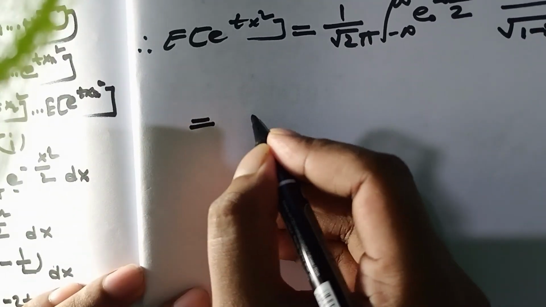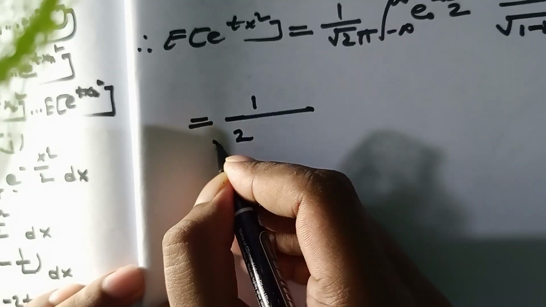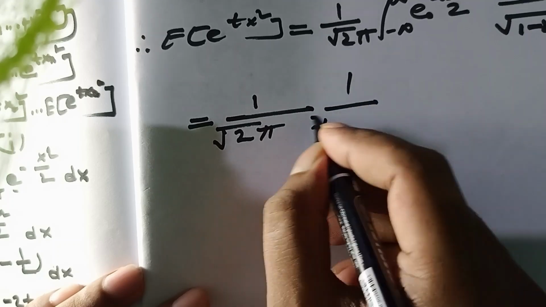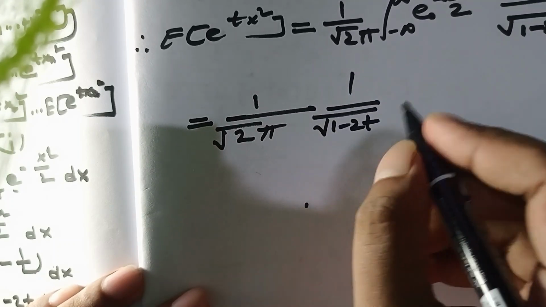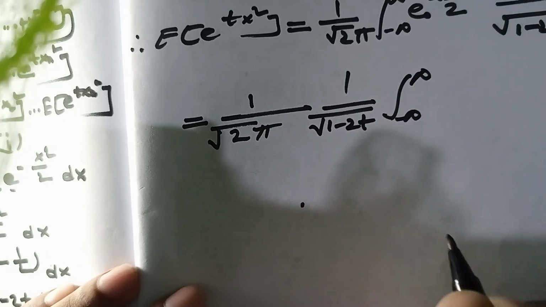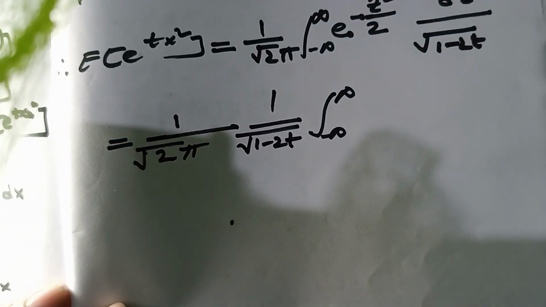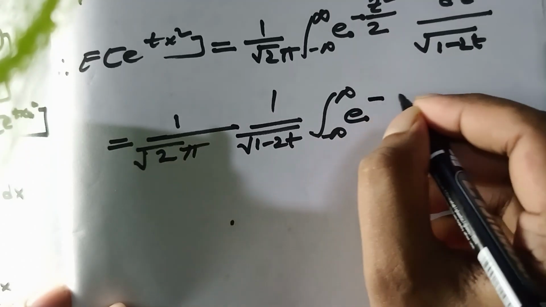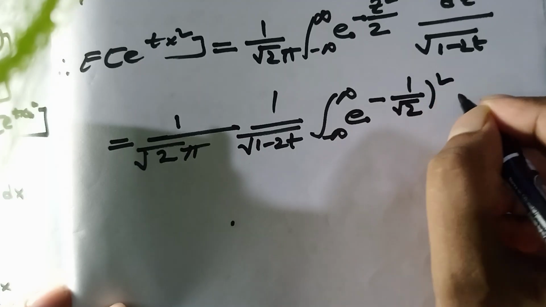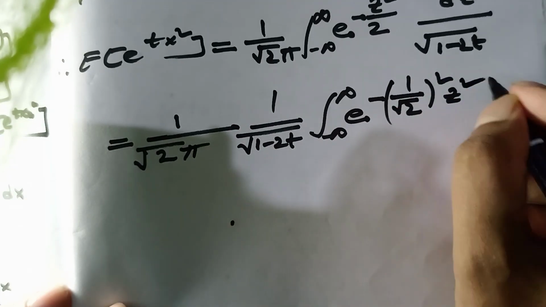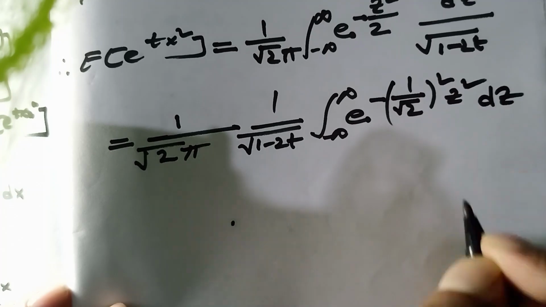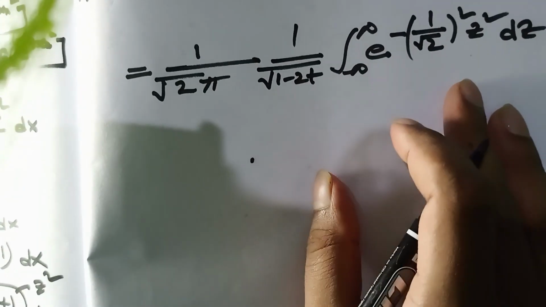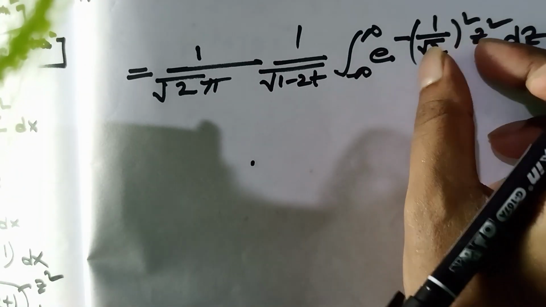Yes, that is done. Now I will take the constant part outside: 1 by root 2 pi, and the constant 1 over root of 1 minus 2t, and the integration from minus infinity to infinity of e to the power minus (1 by root 2) whole square times z square, dz. Why do I write it in this manner?